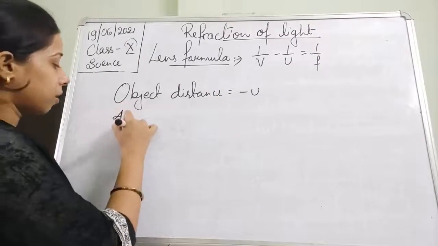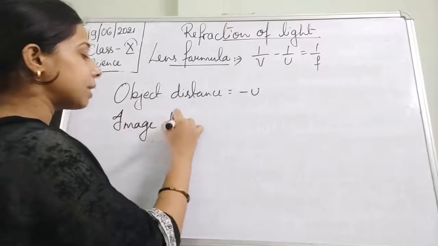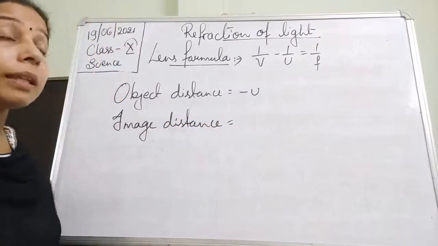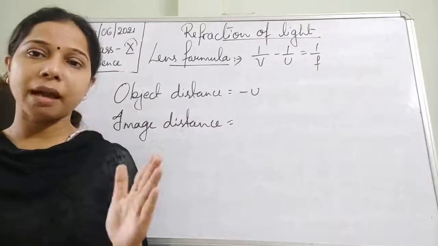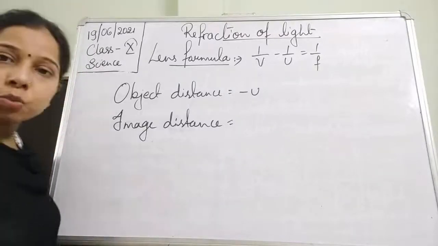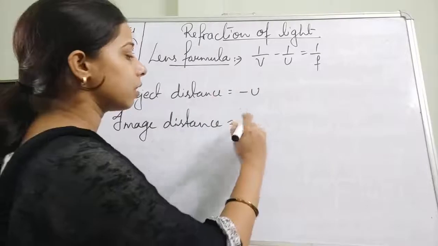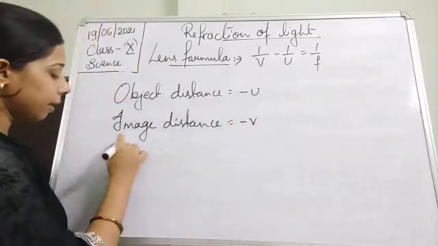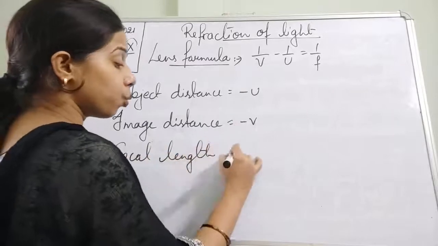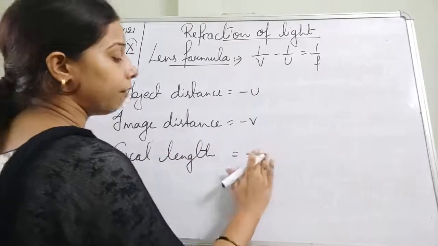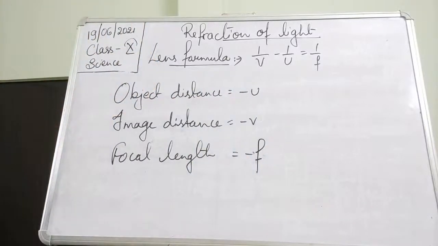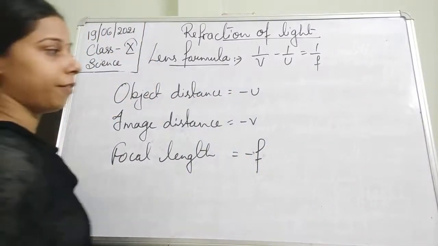Image distance: whatever image is formed by a concave lens is formed at the left side, and that is why it is virtual and erect. So the image distance will also always be negative. Focal length: the focus is a virtual focus, so for a concave lens the focal length is also taken as negative, minus f.